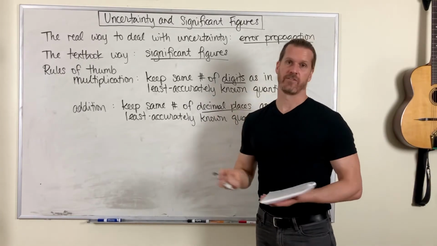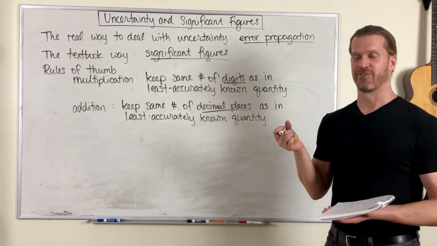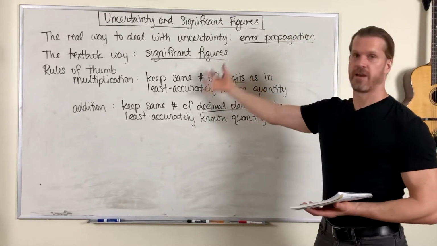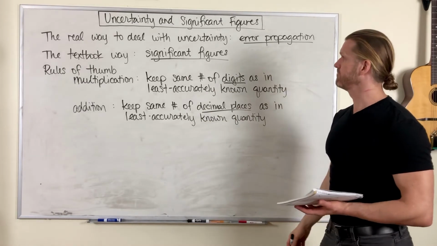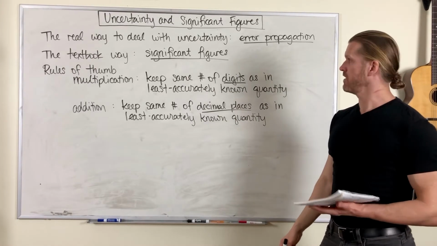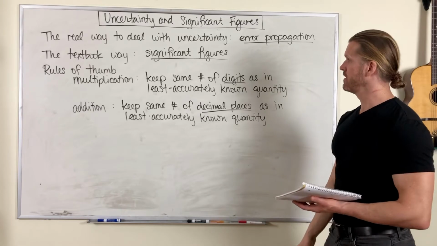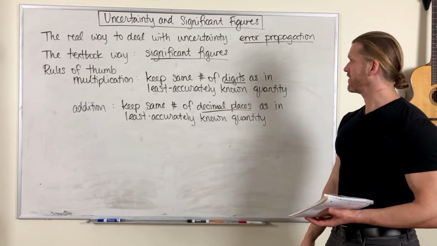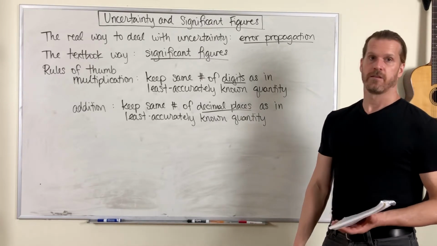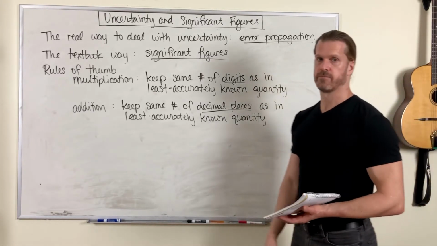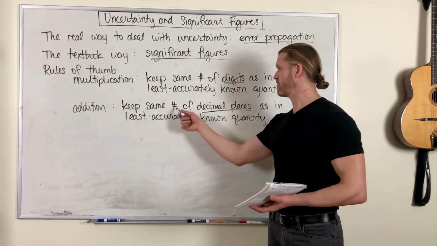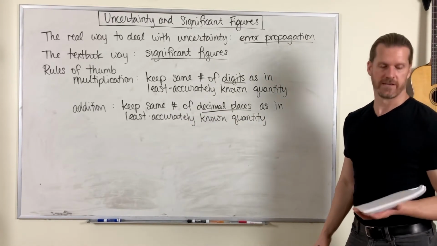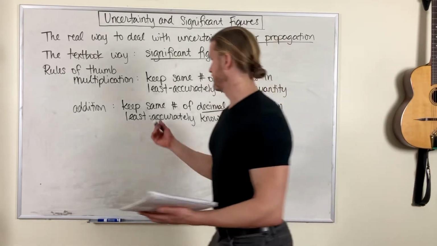You only express as many digits as your device lets you measure precisely. And when you do calculations with numbers you measure this way, we have two rules of thumb. If you multiply them, you keep the same number of digits as in the least accurately known quantity. And if you add them or subtract them, then you keep the same number of decimal places as in the least accurately known quantity.